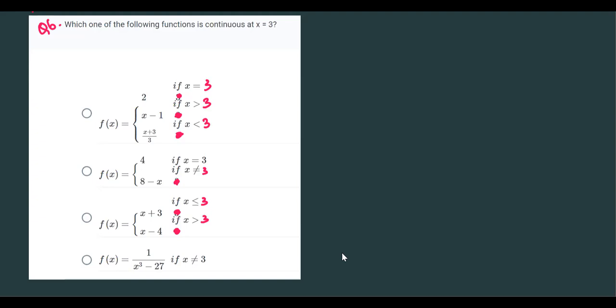Nothing is mentioned. So which one of the following functions is continuous at x equal to 3?